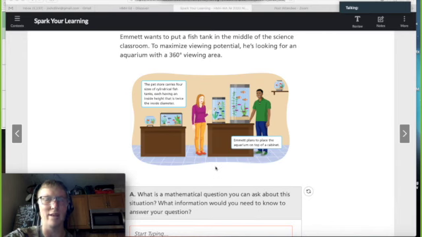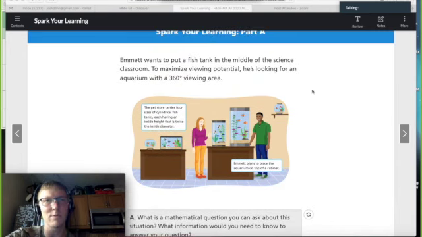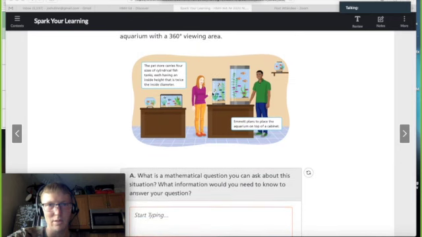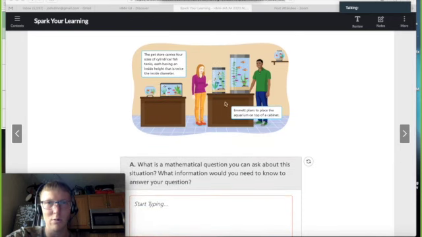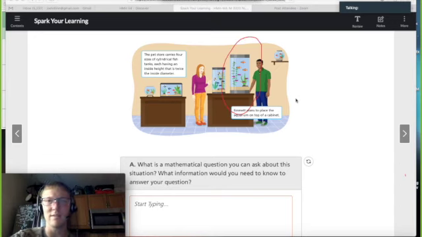So an example of when we might use this. Let's say Emmett wants to put a fish tank in the middle of her science classroom for maximum viewing potential. He is looking for an aquarium with a 360-degree viewing area, aka a cylinder. And if you know anything about volume, you know that the volume of this cylinder is going to be based on the radius of the circle inside of it, and it will probably be cubed.